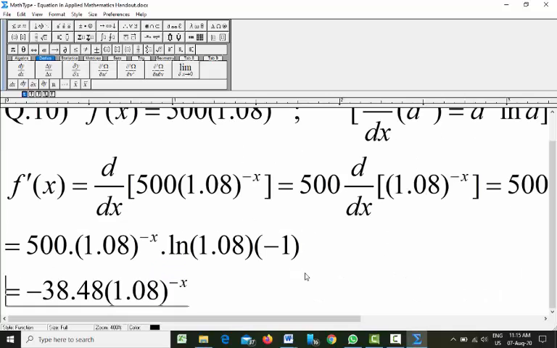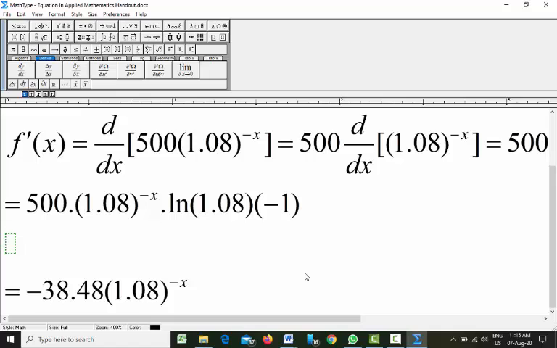Do it like me. Press minus 1. So just minus 1. The 1 you don't need to press, because if you multiply anything with 1, you will get that back. So press minus, and then press 500.